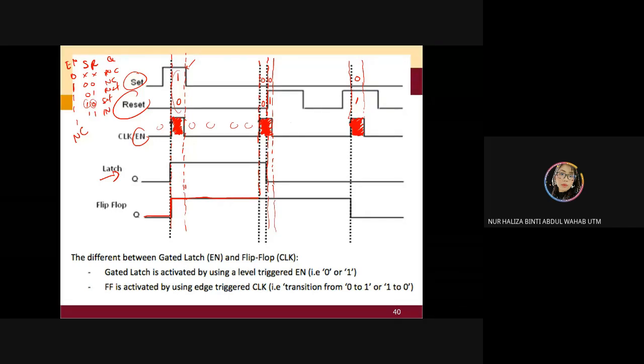First is 0, 0. What is 0, 0? No change. So I just continue, no change until I have another here, 0, 1. 0, 1 is reset. So what I'm going to do, why did I draw below? This one is flip-flop. Okay, here, no change.